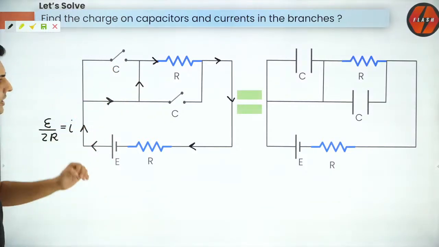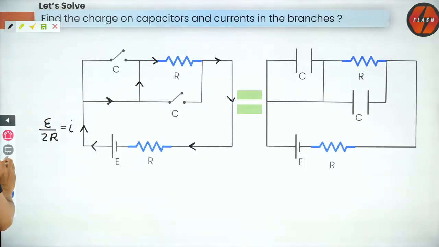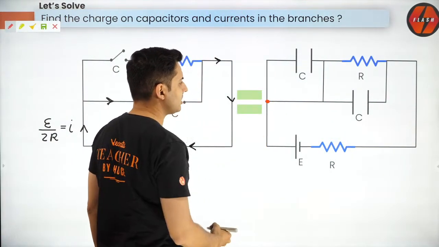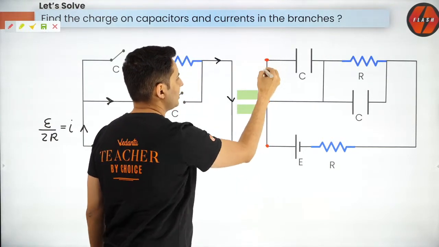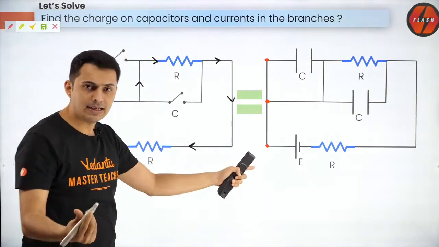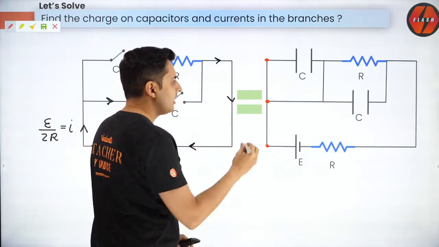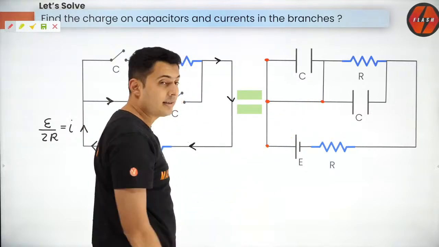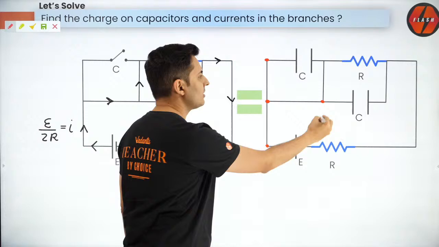Now let's talk about the charges. Now think about it. Can I say this point's potential, this point's potential, this point's potential all are same? Yes, because they are connected using a wire. Now this point's potential and this point's potential is also the same. Why? There is no resistor in between. Same. And there is a wire here.